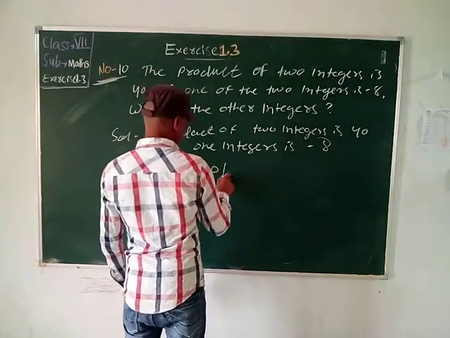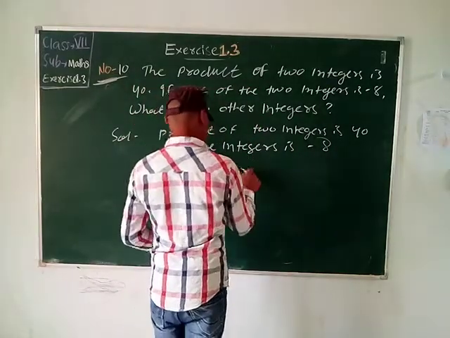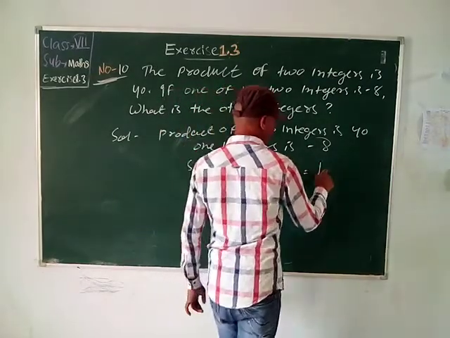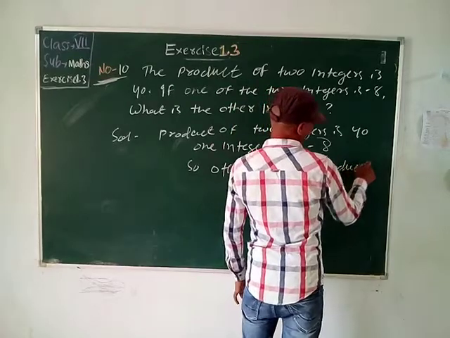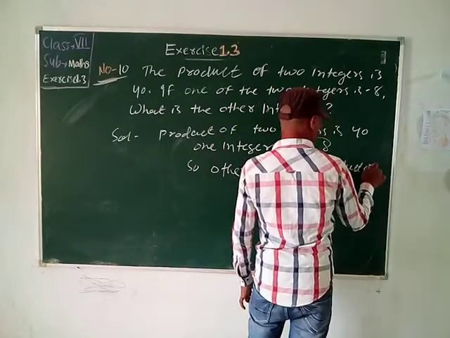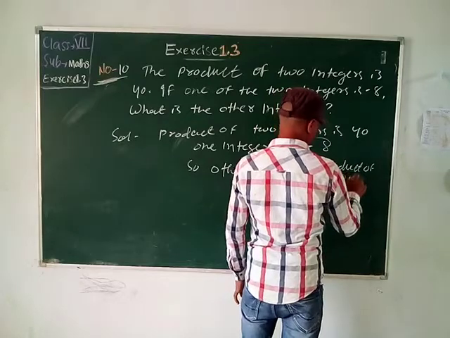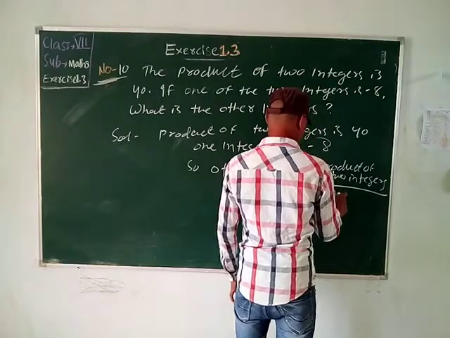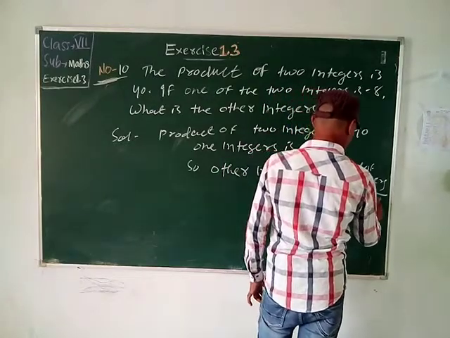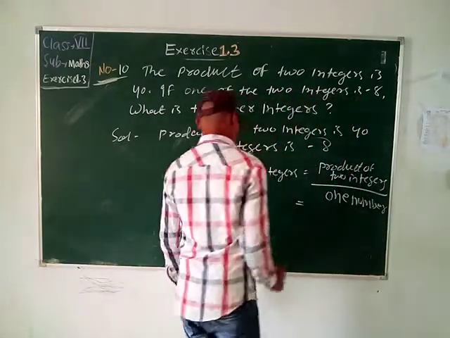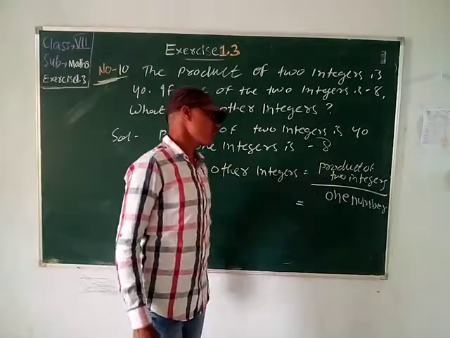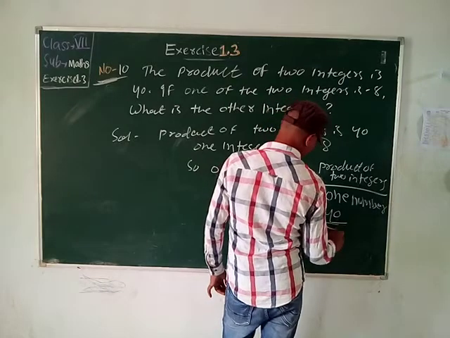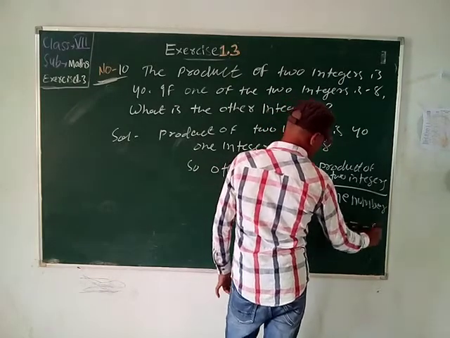So the other integer is the product divided by the one number: 40 divided by minus 8 equal to minus 5.